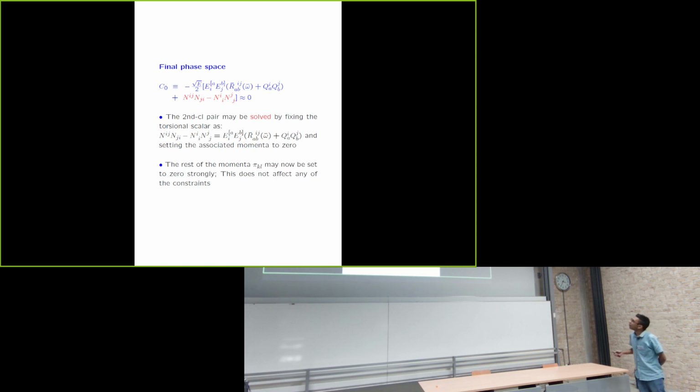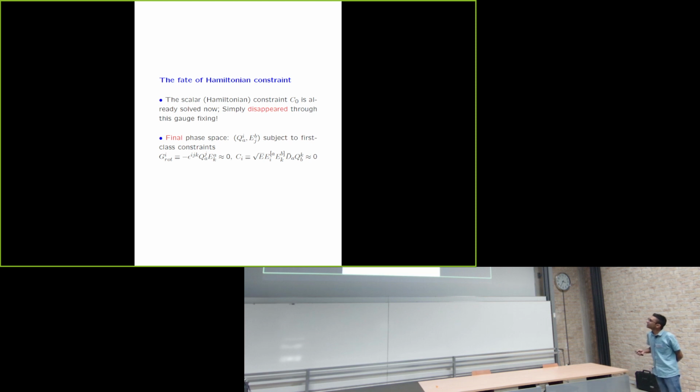So now one can actually fix the Hamiltonian constraint by fixing this torsional scalar through this constraint. So this constraint can be strongly implemented, and then this torsional scalar combination can be fixed in terms of the basic variables here. And that takes away the Hamiltonian constraint essentially. And along with that, one can set the momenta associated to n to be 0, and that doesn't affect any of the remaining constraints.